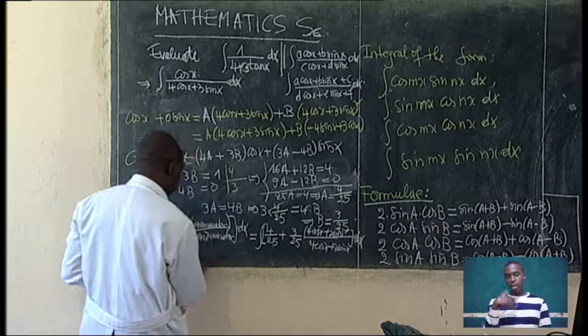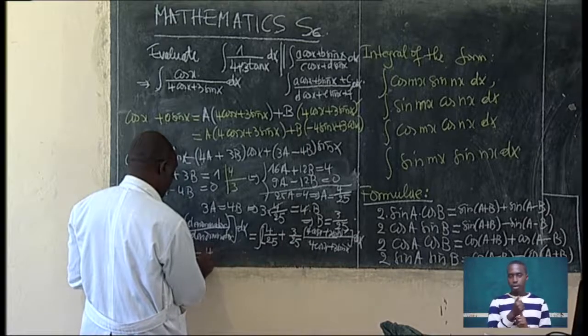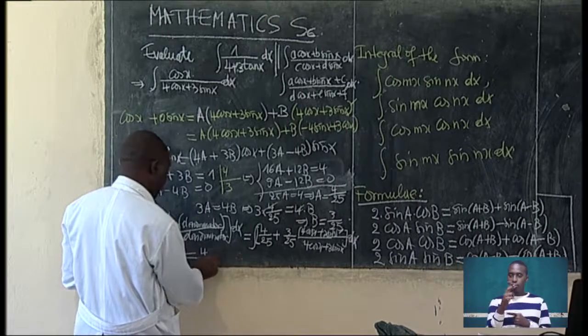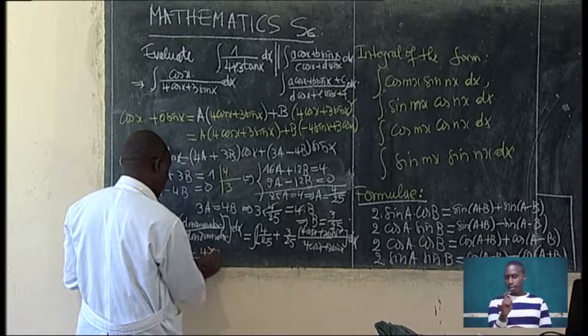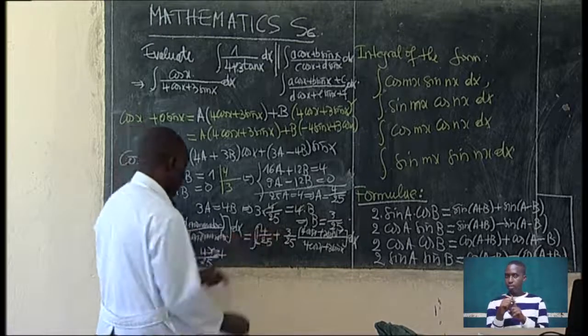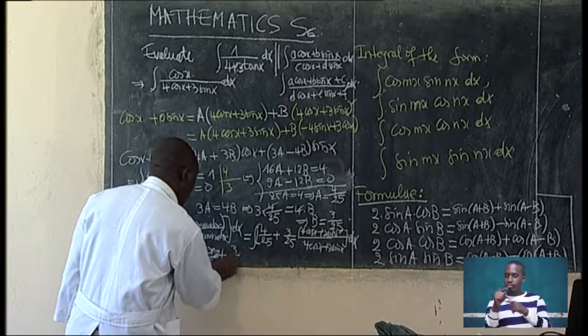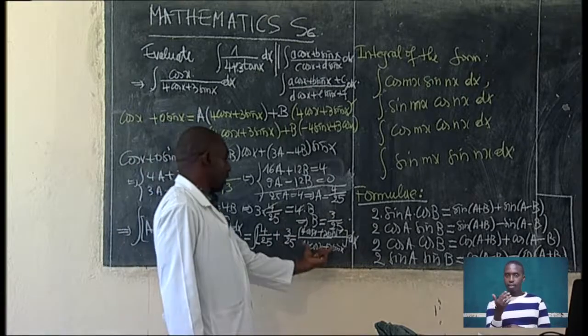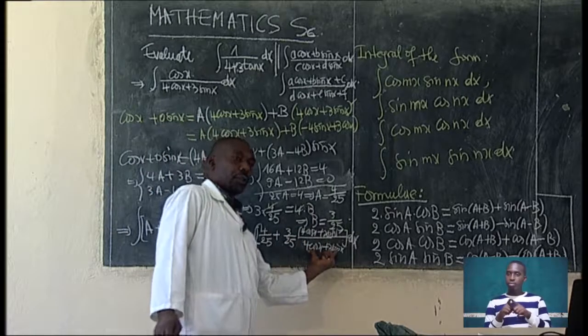And the answer, of course, is 4 divided by 25 x plus b, 3 divided by 25, times the integral where the numerator is the derivative of the denominator.